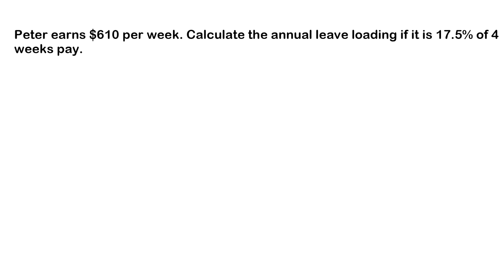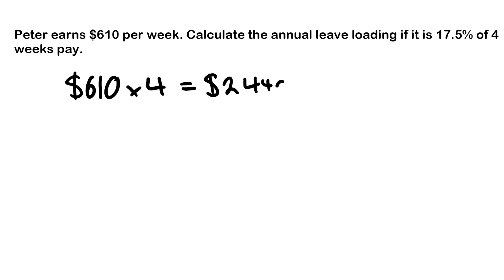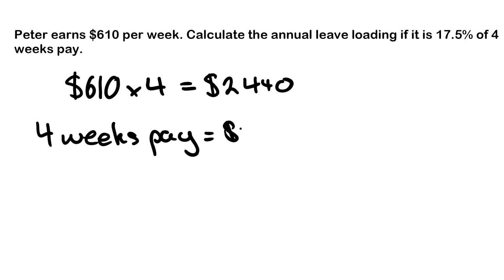Now, we're going to look at our last one, which is our annual leave. So Peter earns $610 per week. We need to find first what 4 weeks pay is. So 610 times 4, that's 2,440. So 4 weeks pay equals 2,440. And we need to find what 17.5% of that is. Now remember, when we did that before, it was our amount.